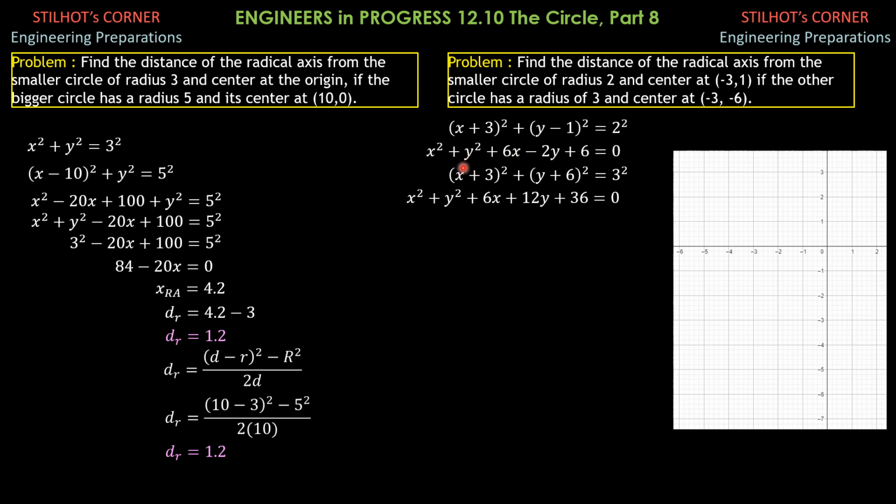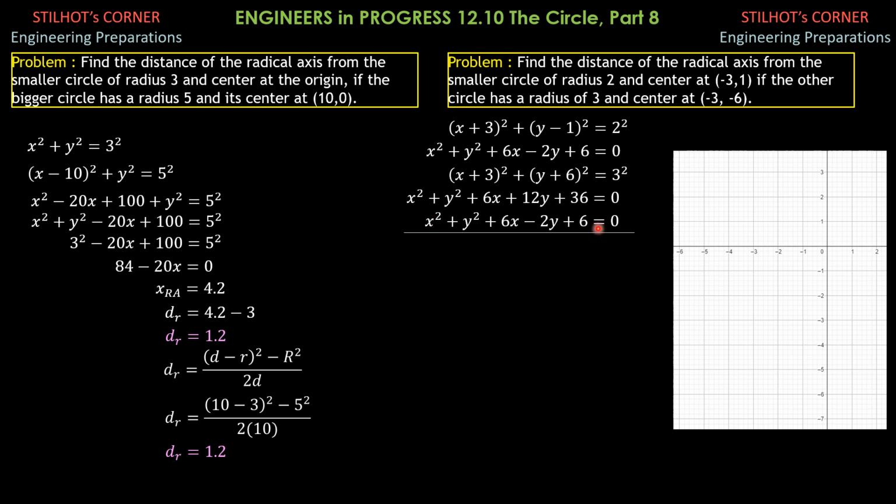Then we subtract this equation from this equation here. So we just copy the equation of the first circle, the smaller circle. Then we subtract, so we can eliminate x squared and y squared. So 6x minus 6x is 0, while 12y minus negative 2y is 14y. Then 36 minus 6 is 30.